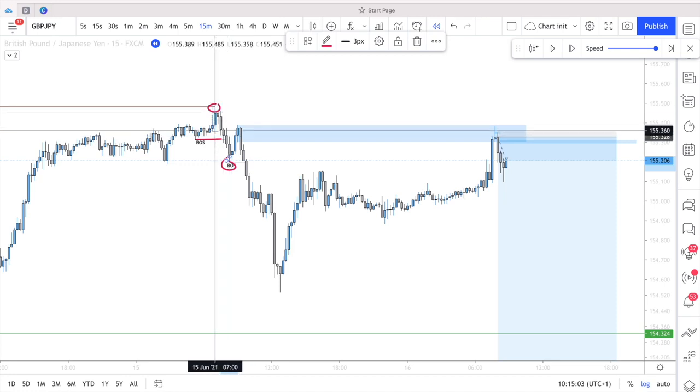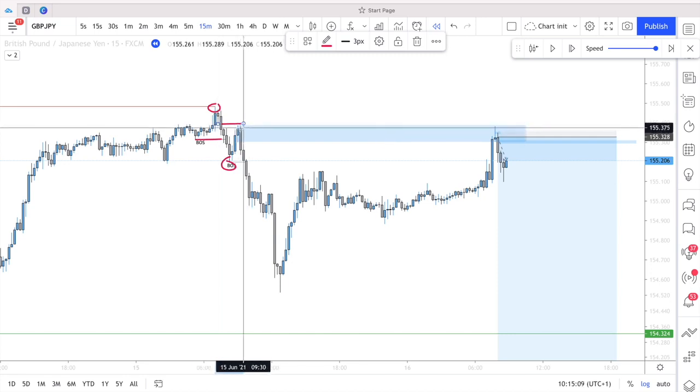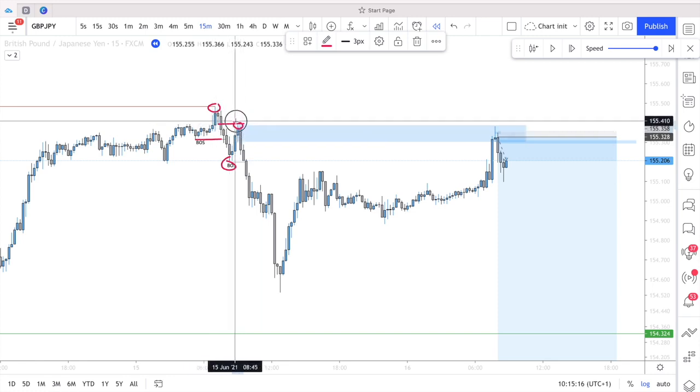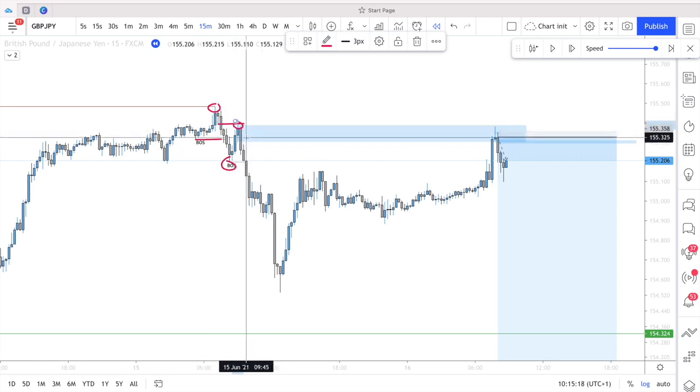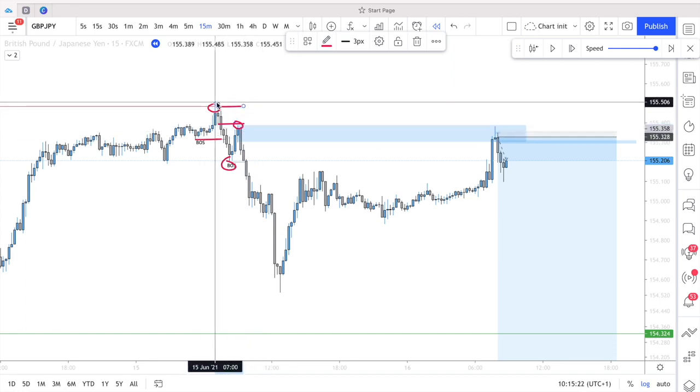This has left a little bit of imbalance, but in terms of the whole buy to sell, it has pretty much been mitigated by this move here. But ideally your point of validation is still going to be above the overall mitigation point.